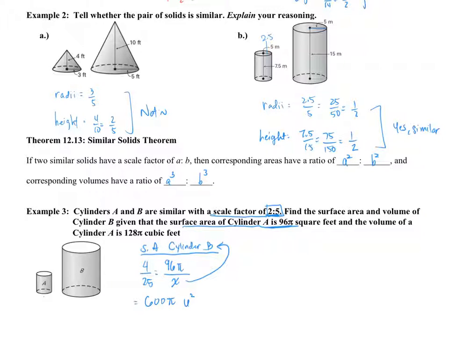And for the volume, you will need to take 2/5. You need to cube it. So that'll be 8 over 125. And the volume is given by 128 pi.